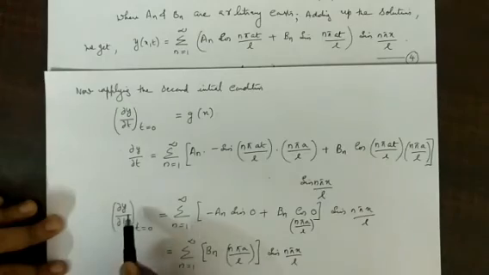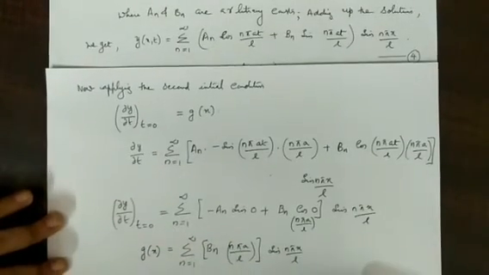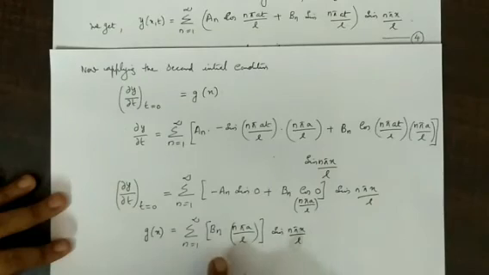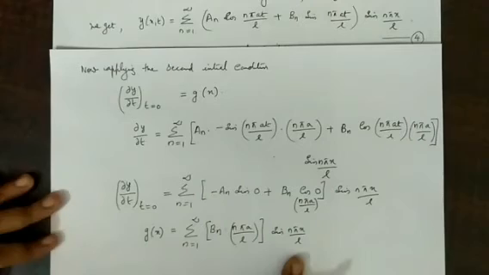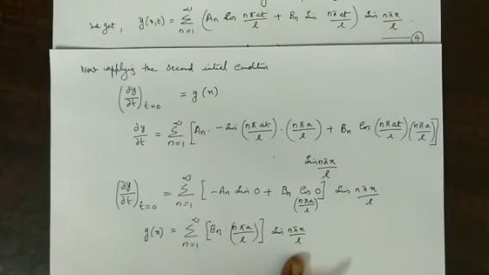And here ∂y/∂t at time t equal to 0 can be denoted by g of x. If I write g of x here, that is g of x is equal to sigma n equal to 1 to infinity bn nπa/L into sin(nπx/L). Here this also represents the Fourier sine series of g of x.